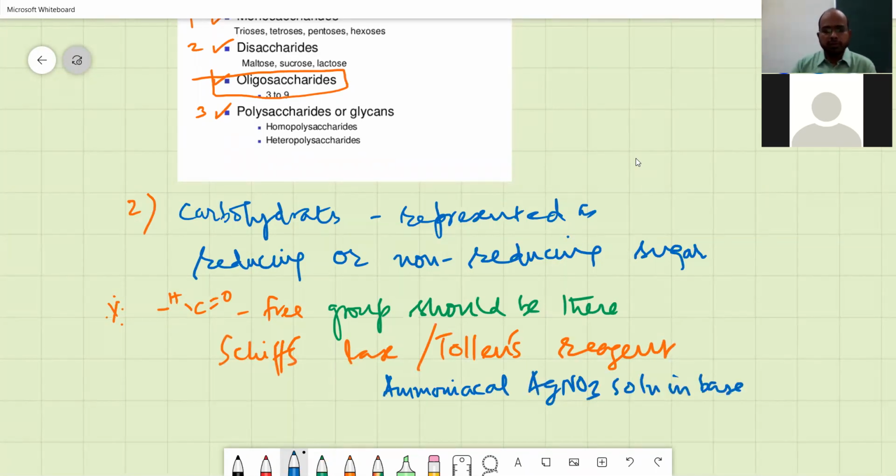From this, Ag+ will be converted into Ag0. So this is the important test, the silver mirror test.